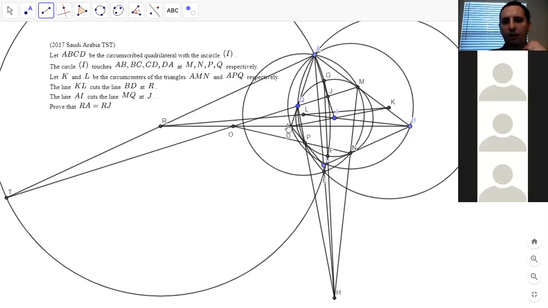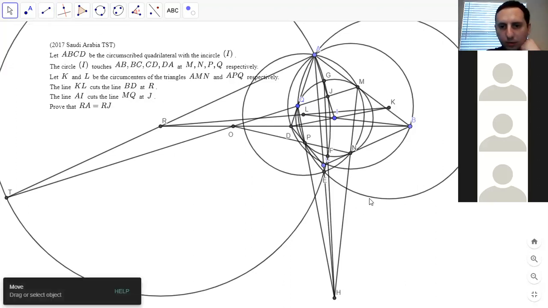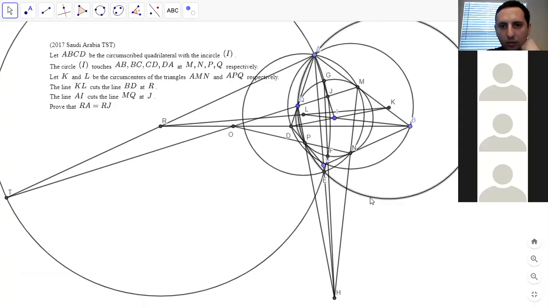Because, draw this. Because by symmetry, we have DP equals DQ, so DK is the angle bisector of the circle AQP.